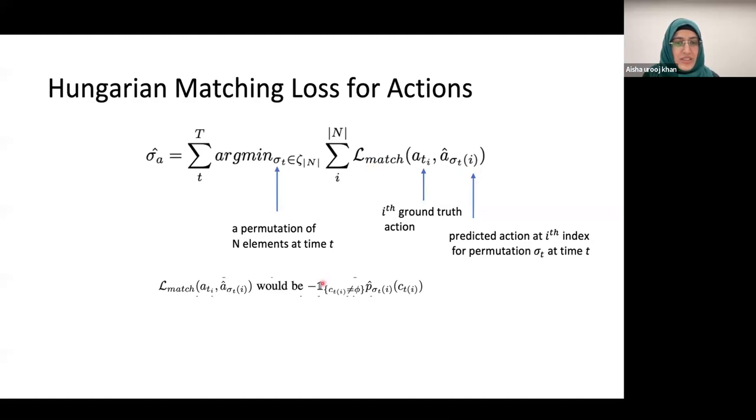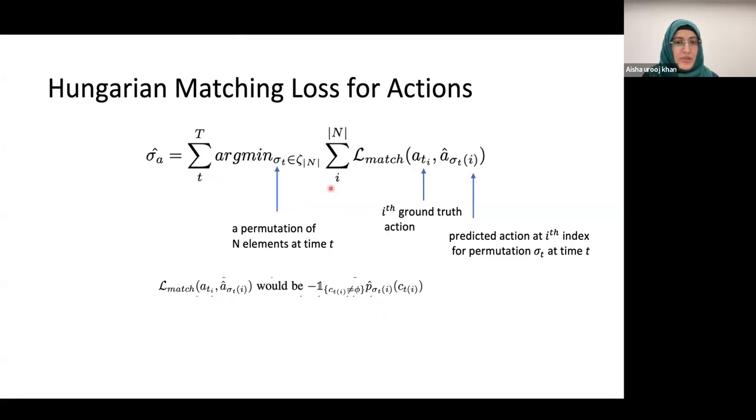The matching cost function is this, where we have to make sure that the class label is not equal to the no class label, because that was a dummy label we added. The cost takes into account the predicted probability of that class.